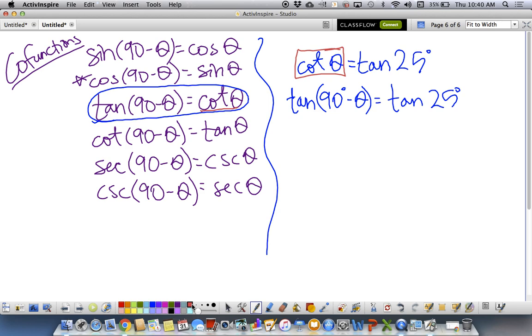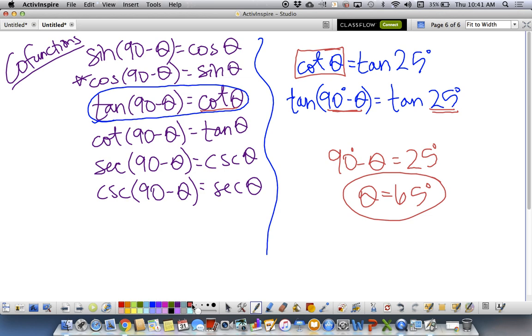And so now, can I solve for theta? Yeah. Tan 90 minus theta has to equal tan 25. So these things I've underlined have to be equal to each other. So I'm simply saying 90 minus theta equals 25. There's degrees there. So theta equals, what's 90 minus 25? 65.